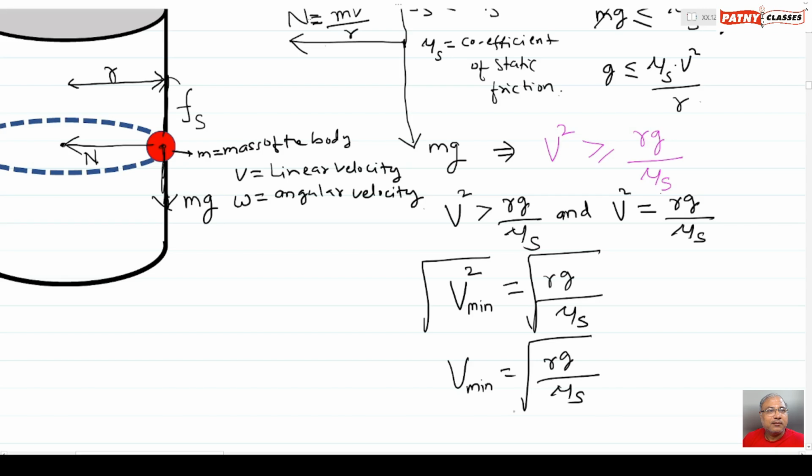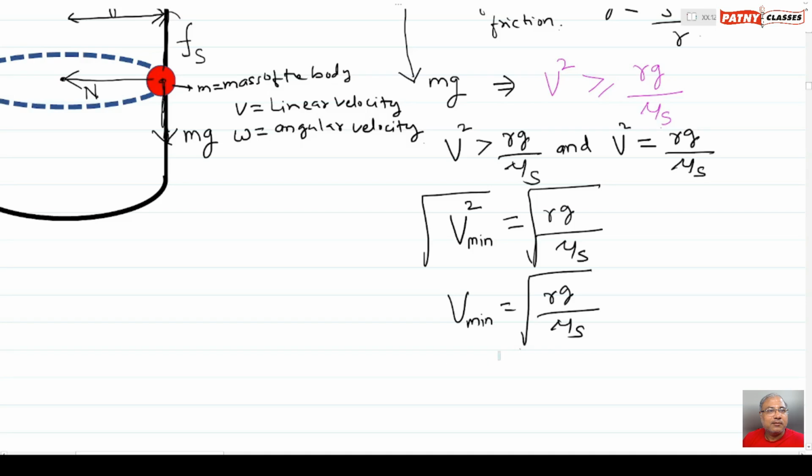If the body is moving with this minimum velocity, then it will move successfully without failing. So we got the expression for the minimum velocity needed to prevent the body from sliding down in the well of death.